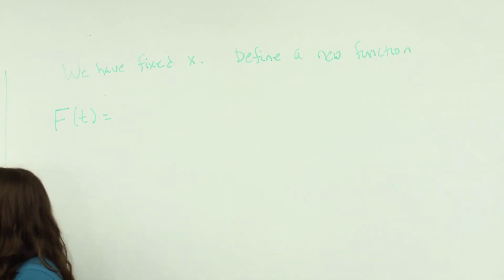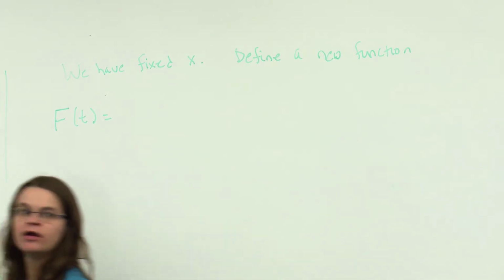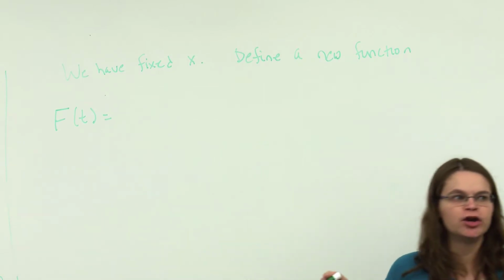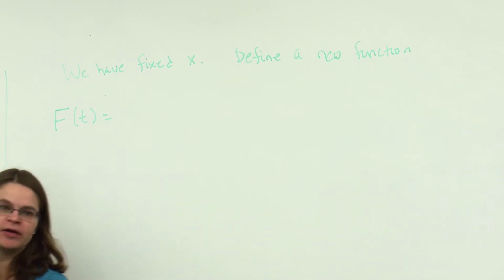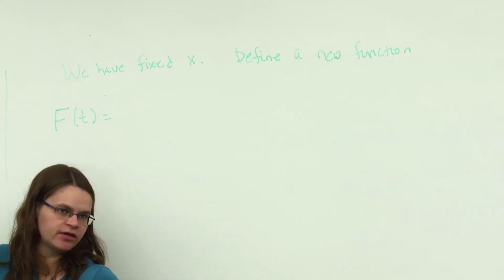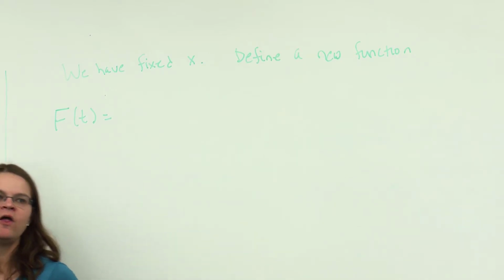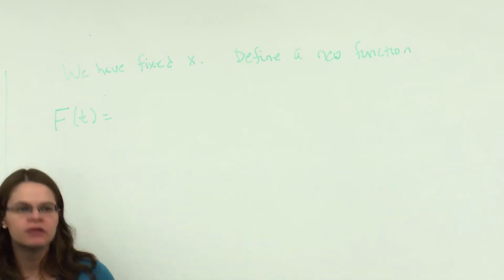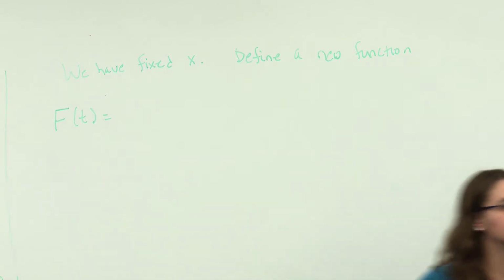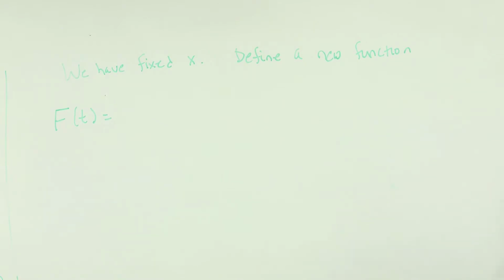So I'm going to make it look exactly like my lowercase f that I'm trying to learn about, except that these x naughts are going to be replaced by t. So I could put in t equals x naught and get this exactly. I could put in t equals x and then get something else, kind of back to where I'm trying to examine things.